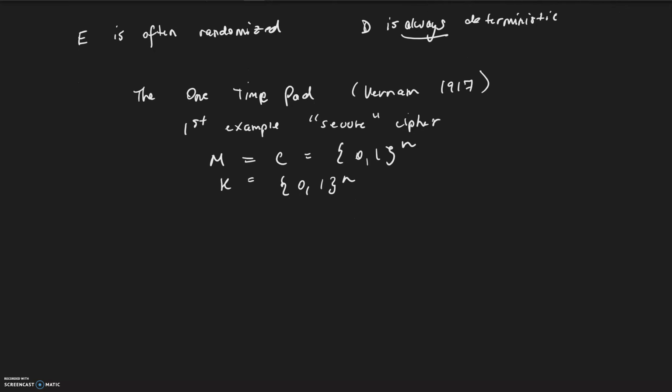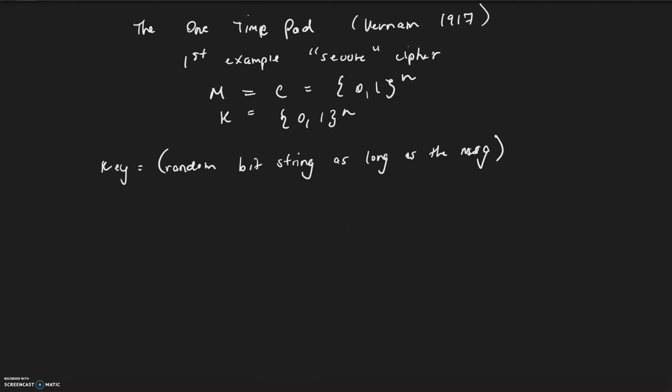The key K is a random bit string that is as long as the message itself. So the key in the OTP is simply a random bit string.